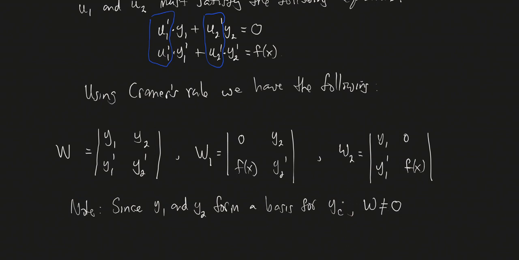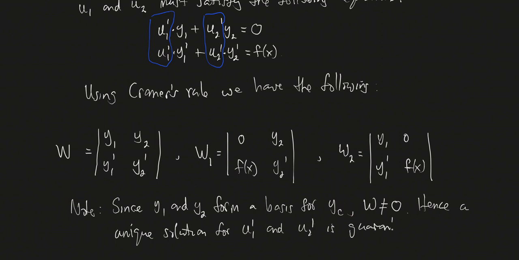What that means is we will always get a unique solution for u1 prime and u2 prime. Hence, a unique solution for u1 prime and u2 prime is guaranteed. So you should always be able to solve this system.